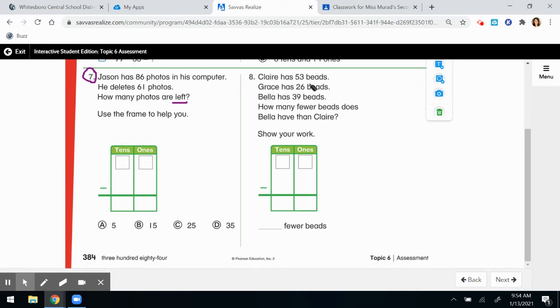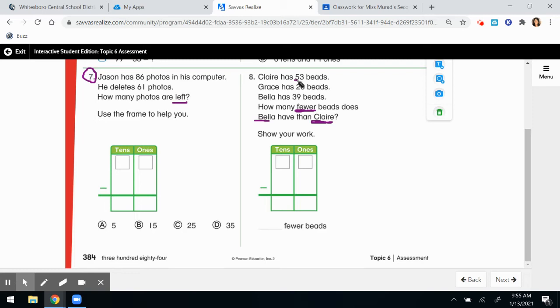Claire has 53 beads. Grace has 26 beads. Bella has 39 beads. How many fewer, that word fewer tells me I'm subtracting. How many fewer beads does Bella have than Claire? All right. So I need to use Bella and Claire.